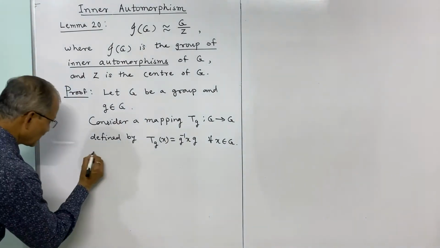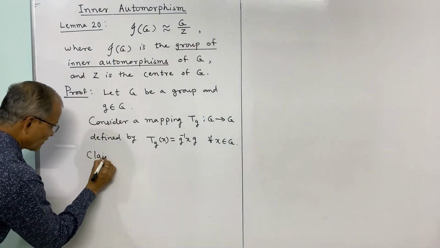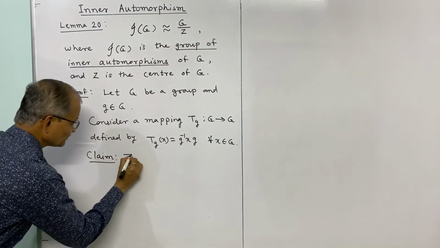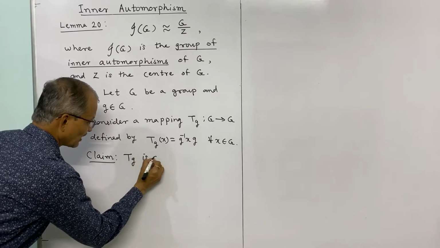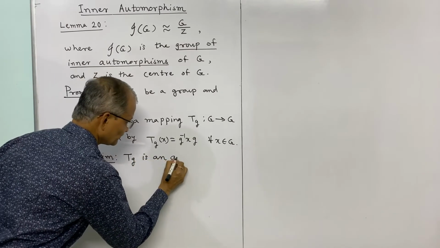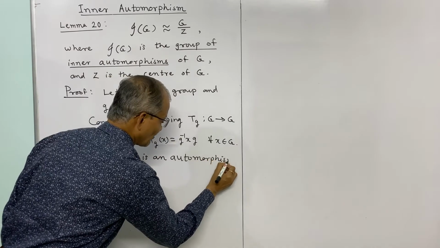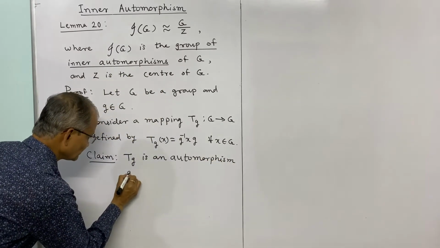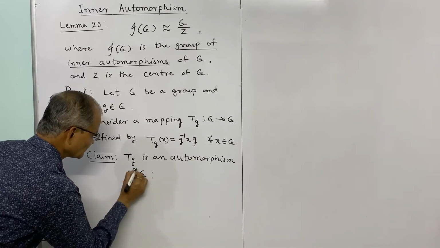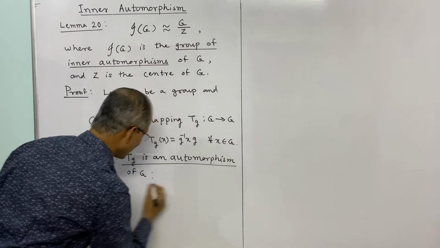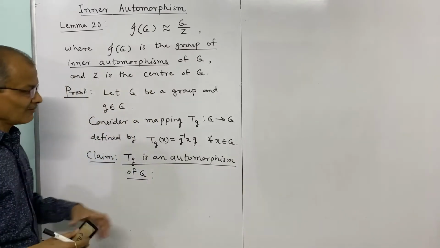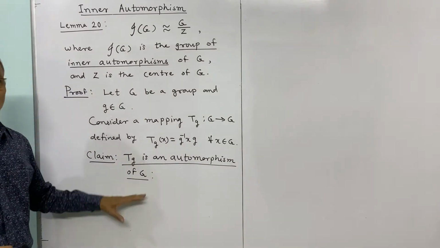Now this is our claim: Tg is an automorphism of G. So this we shall prove, and after proving this, we will define this as inner automorphism.